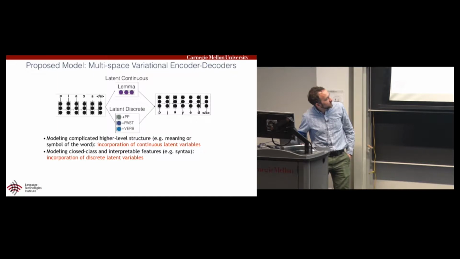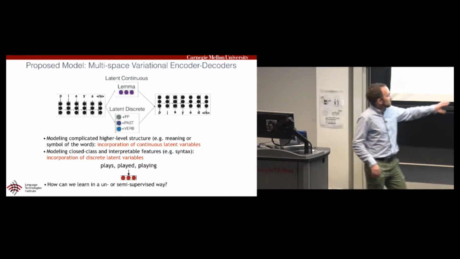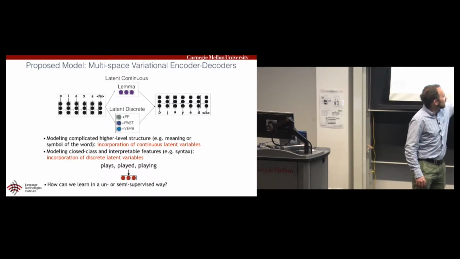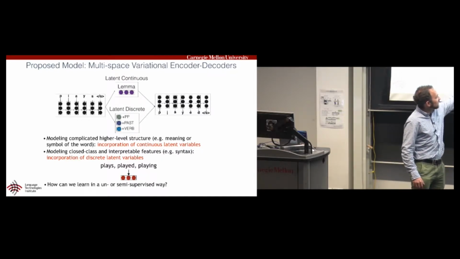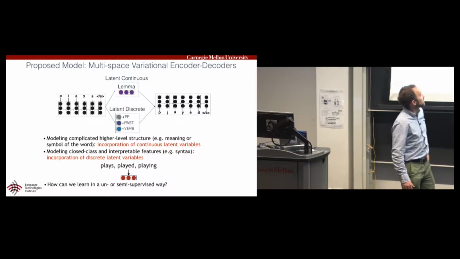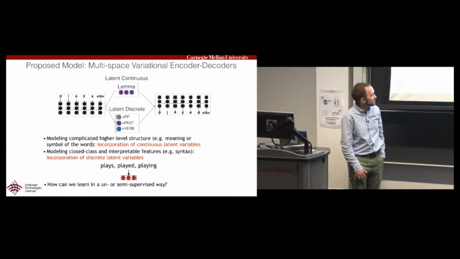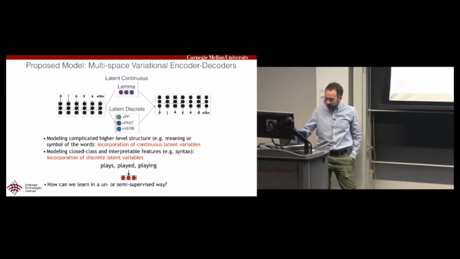The closed class and interpretable features, such as the syntactic features, we model through the discrete latent variables. So based on this, if we have plays, played, and playing, all of these have the same underlying meaning. They would all be mapped into a similar latent continuous variable, while the discrete variables would be different. And then the question is, how can we learn this in an unsupervised or semi-supervised way?